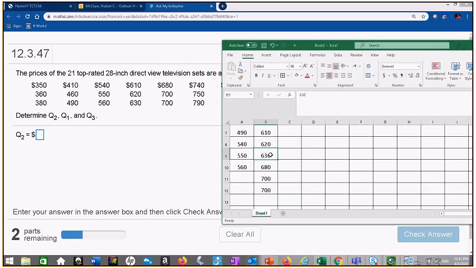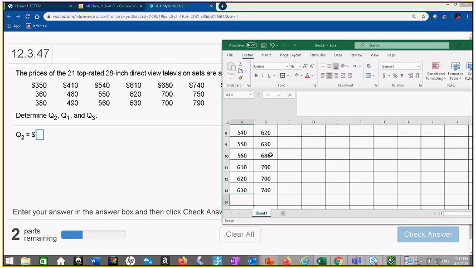Oh, really? Hold on a minute. 540, 550, 560, 610, 620, 630, 680, 700, 700, 740. It did it again.